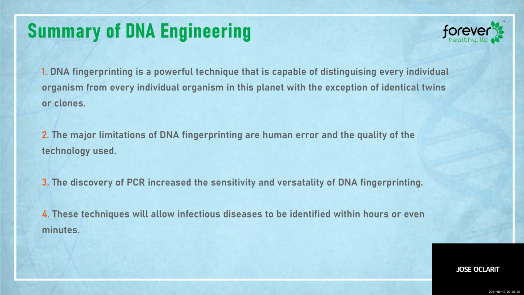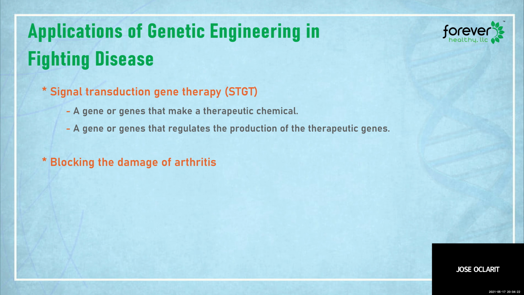So with the advent of genetic engineering, the identification of diseases is faster. It used to take 2 weeks to identify tubercle bacilli. But using the PCR, you can now identify tubercle bacilli in 2 hours or even less than that. So applications of genetic engineering in fighting diseases. Genetic engineering can be used in signal transduction gene therapy.